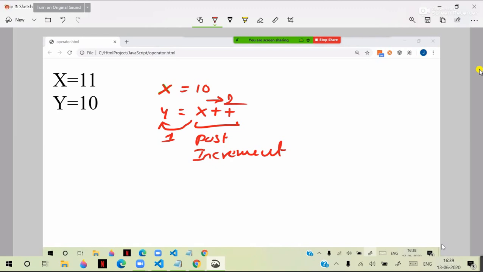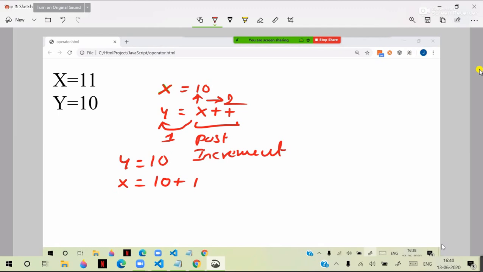Then what will happen? X value was initially 10, so y value will be 10. After assigning the x value to y, it will increment. That means x will be x plus 1, that is 10 plus 1, and it will be assigned back.